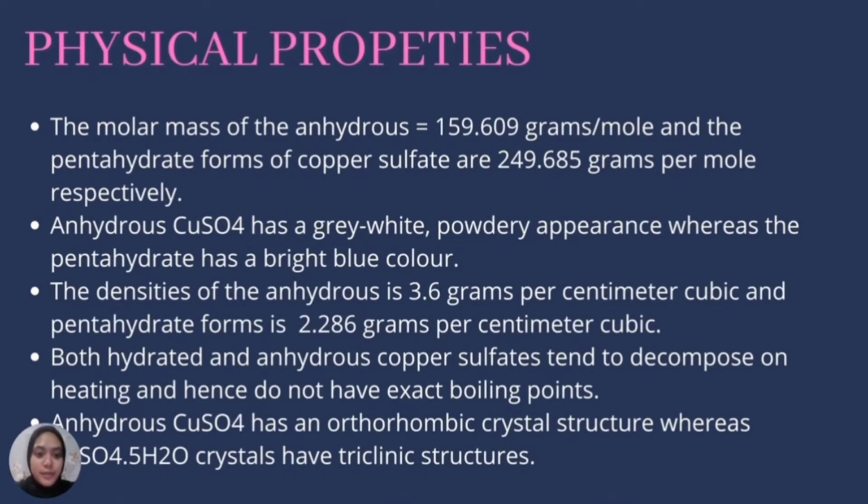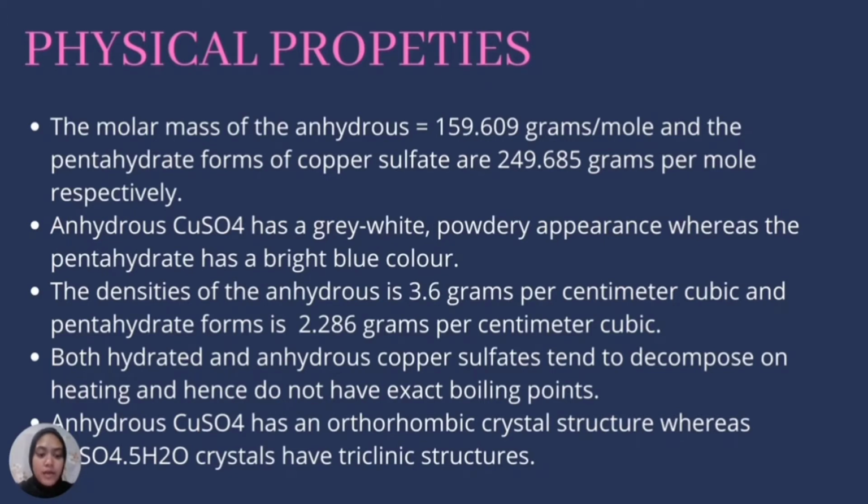So the physical properties of copper(II) sulfate. The molar mass of the anhydrous form is 159.609 grams per mole, and the pentahydrate form of copper sulfate is 249.685 grams per mole. Anhydrous CuSO4 has a grey-white powdery appearance, whereas the pentahydrate has a bright blue color.